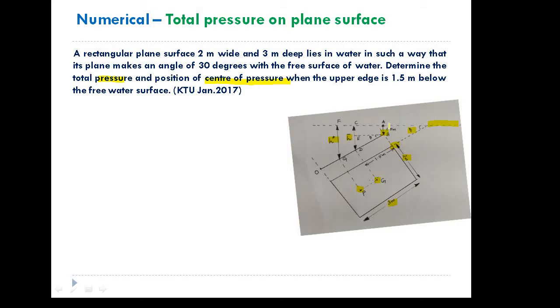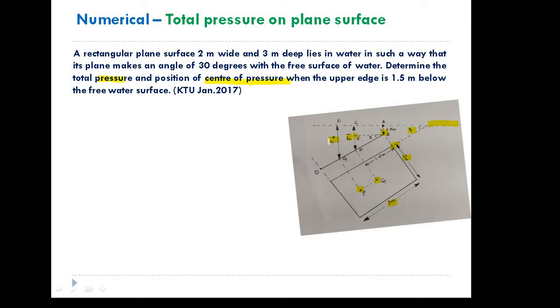Then some dimensions are marked. In the problem it is given as 1.5 meter, that is AB. The top point of the lamina is at a distance of 1.5 meter from the free surface. So AB is 1.5. CD is h bar. If you drop a horizontal line from B, it will reach here at E. So CE equal to AB, and as per this arrangement, CE equal to AB equal to 1.5.